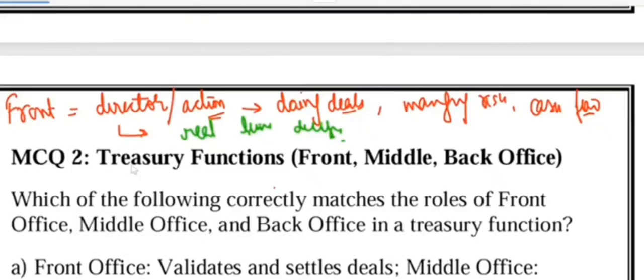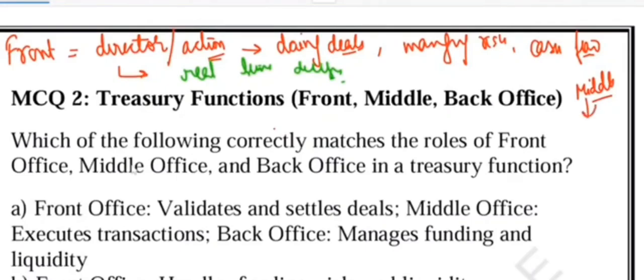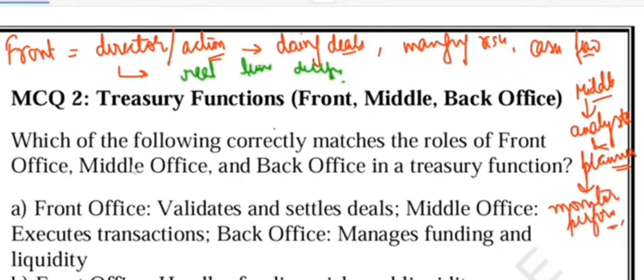Now, after that comes the middle office. Who are the middle office? Middle office are the analyst and the planner. In terms of movie production, you can think of them as the analyst and the planner. So what do they do? They monitor the performance of each and every cast and crew. They check the risk.